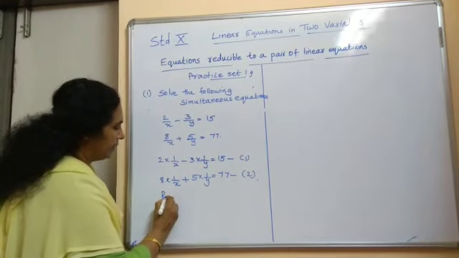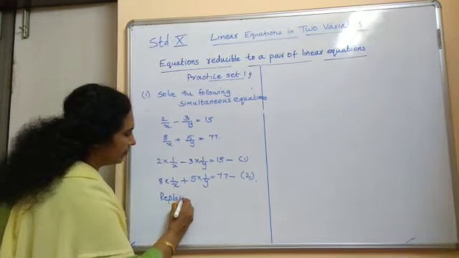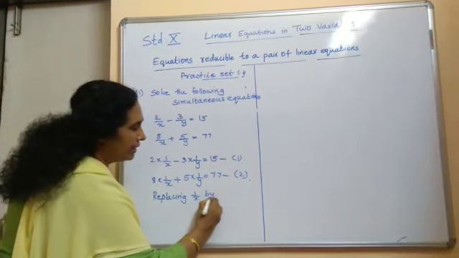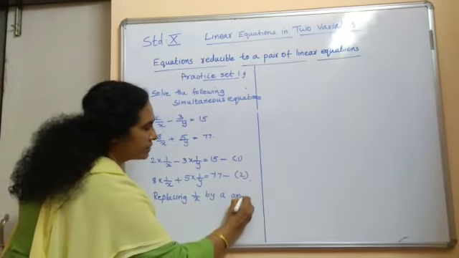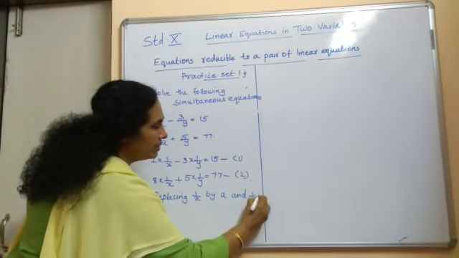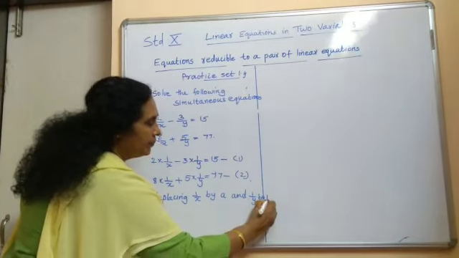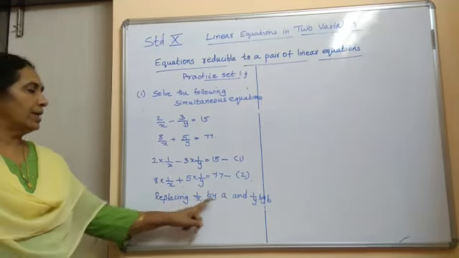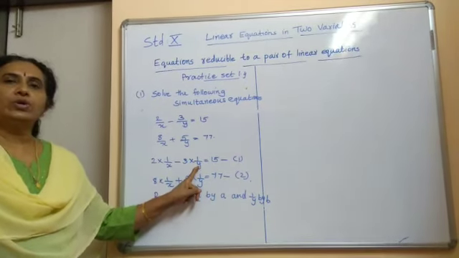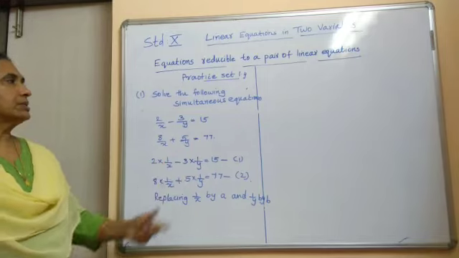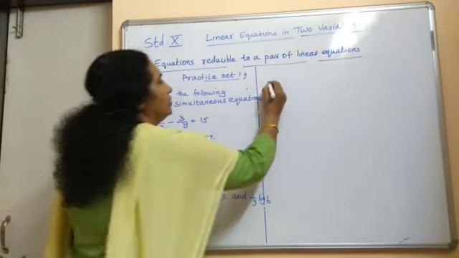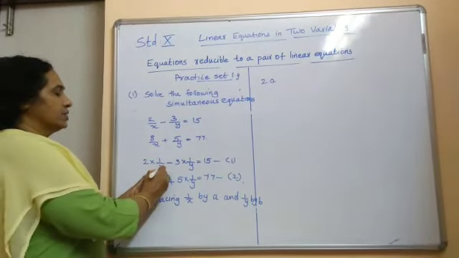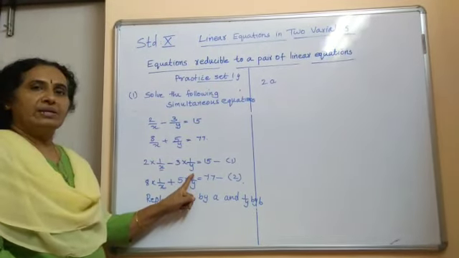Replacing 1 by x by a and 1 by y by b, that is substituting 1 by x is equal to a and 1 by y is equal to b, the equations can be reduced to 2a, that is 2 into 1 by x, 1 by x is a, and 1 by y is b.